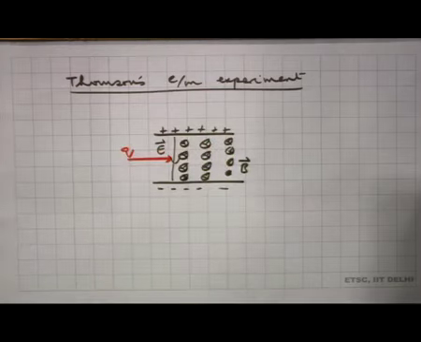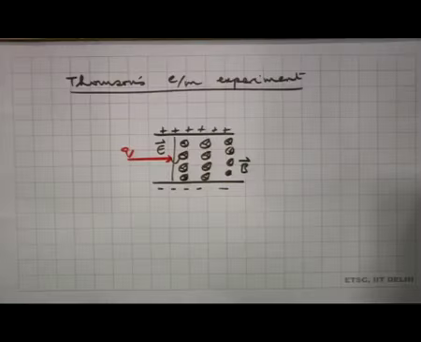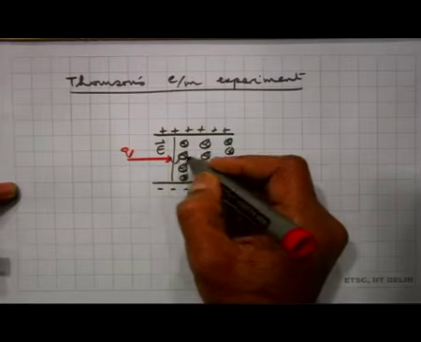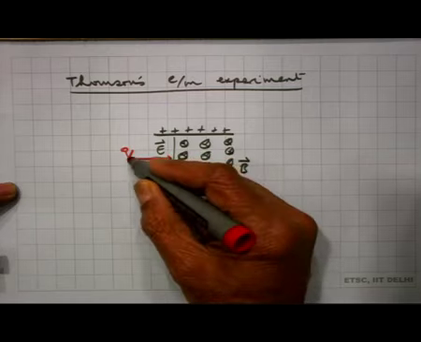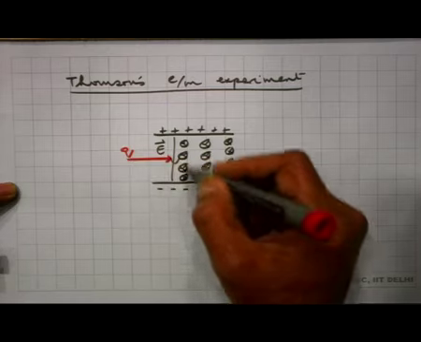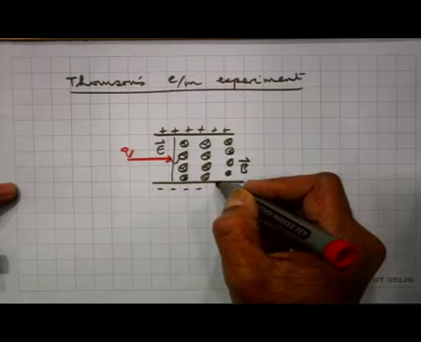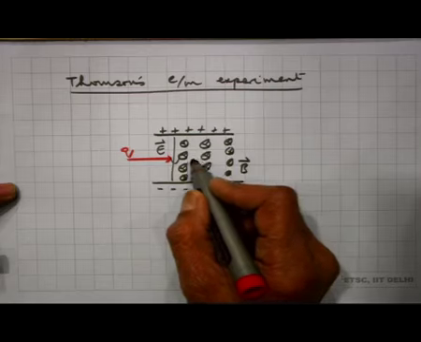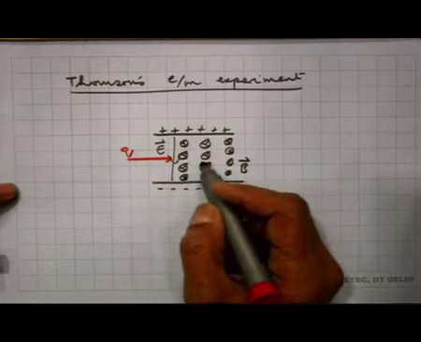Now, let me look at what happens if I launch a charged particle from here. Let me assume that the particle is positively charged. What will be the effect of the electric field? The electric field will try to push it down, because this is a positively charged particle, attracted towards the negatively charged plate. At the same time, the magnetic field, because the particle is now moving perpendicular to it, will exert its force.